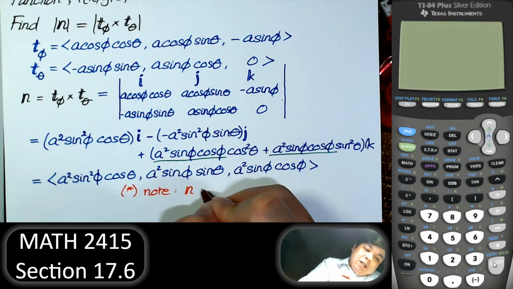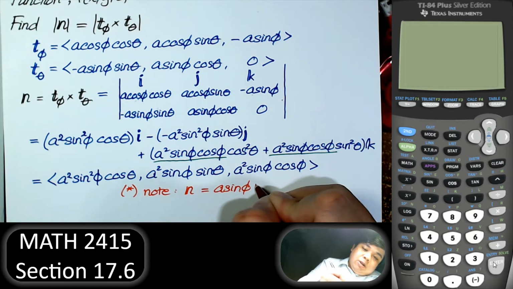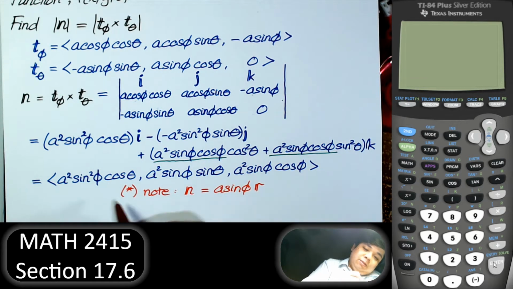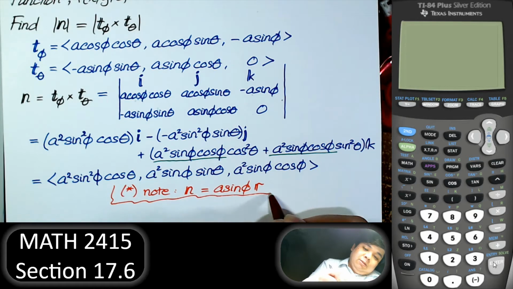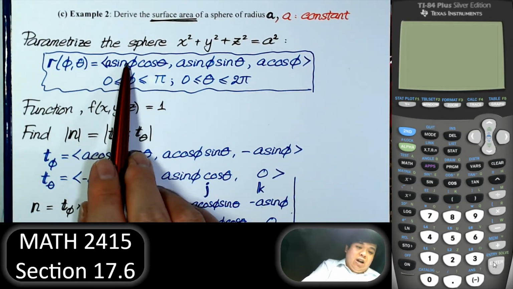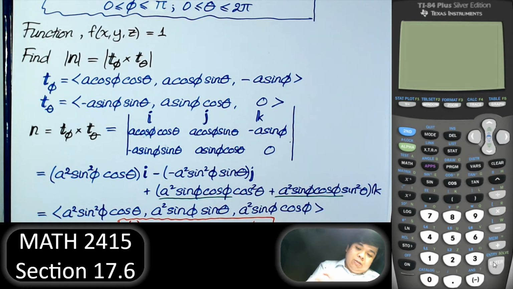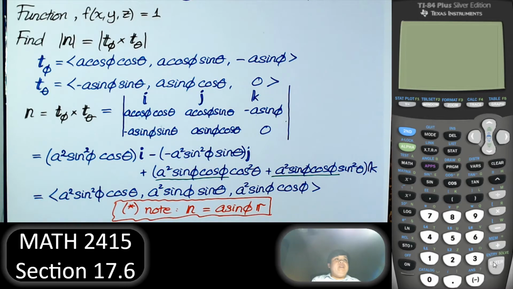N is equal to a sine phi times r. Yeah, so r is that. We just multiply a sine phi to it. For the sphere, that is.